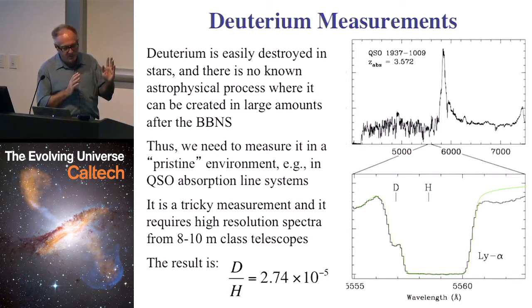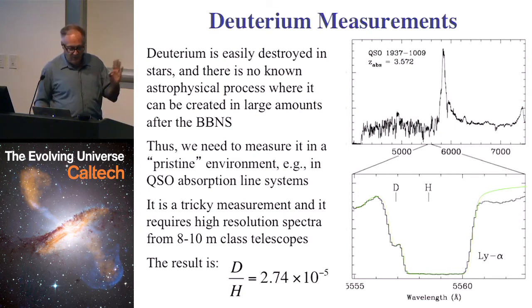Because of the isotope shift, heavier nucleus, the Rydberg constant is a little off. The deuterium equivalent of the Lyman alpha line is shifted relative to the one of regular hydrogen by 80-some kilometers per second. And by measuring the relative strength of those two, you can figure out the fraction of deuterium.